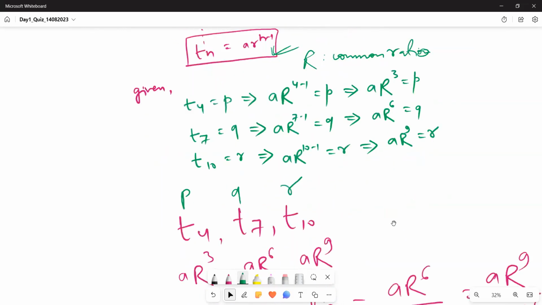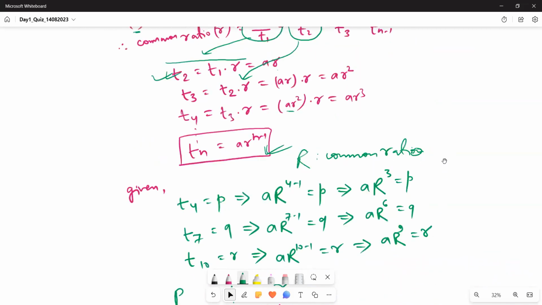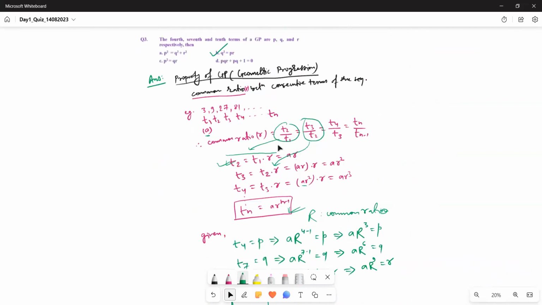When we observe this, we can simply try with the options. First try the simple options, without the plus sign, the multiplication ones. So you see Q squared equal to PR. When you do Q squared, that is A squared and R to the power 12, since it is 2 times 6.